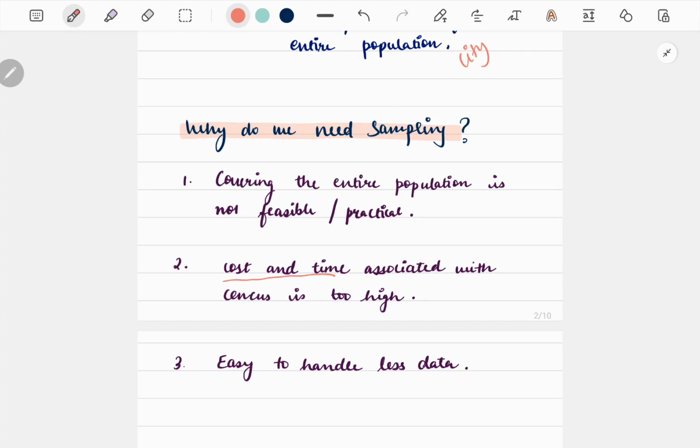And the data that we will collect from the entire population is very hard to handle. Thus, sampling plays a very important role when we are trying to study any characteristics of population.